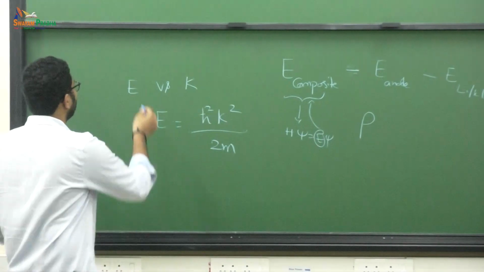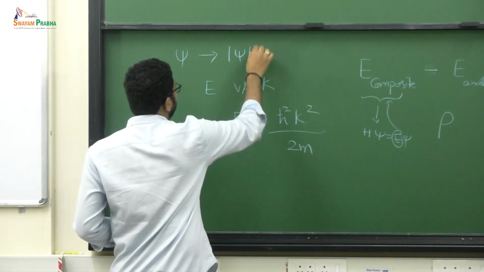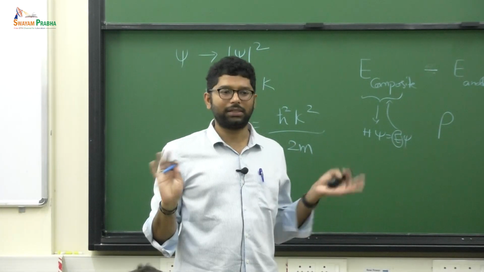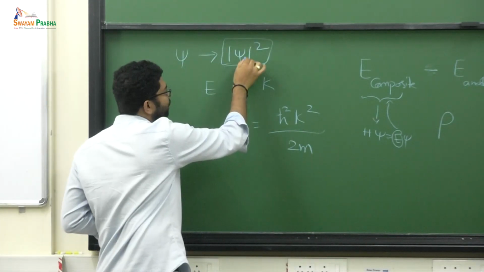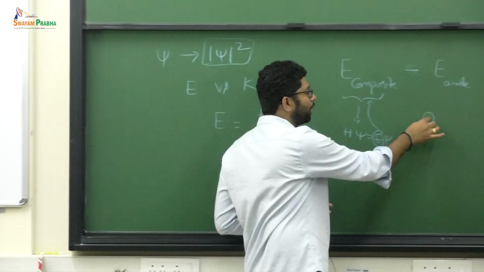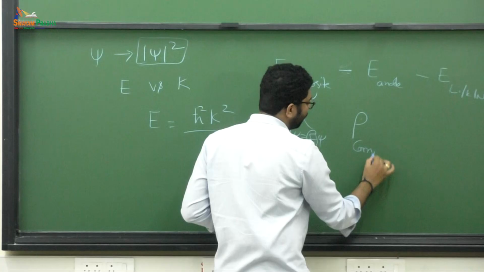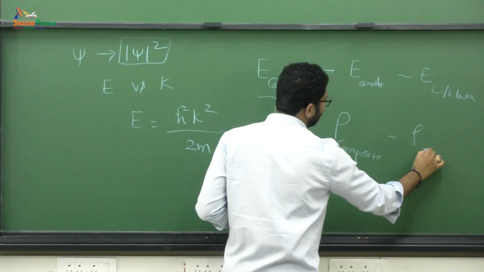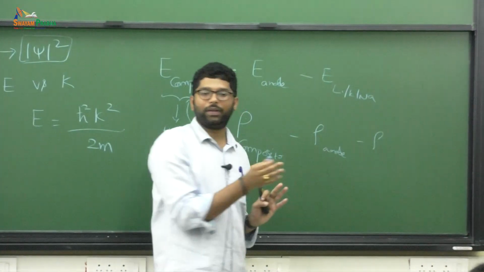If you know the wave function psi, psi square gives you the probability density, right? That's what it is. Have you guys heard this or no? Yes. So this probability density is related to that rho. So this is what we are going to plot of the entire system. If you consider the composite system, and in the same way subtract for the anode and subtract for the metal, what you would be seeing is the difference between them, okay?